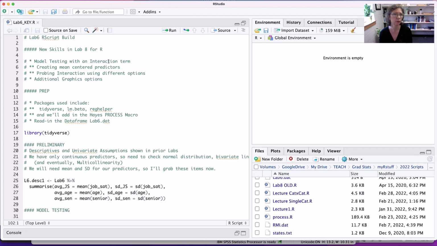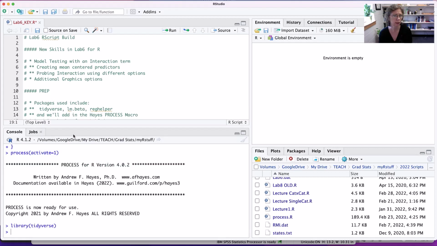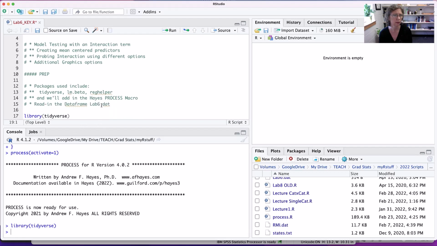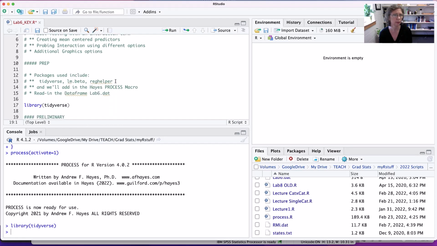What you need for Lab 6 is the data set called lab6.dat. So far the packages we're using are going to be tidyverse, lmbeta, and reghelper. We're also going to add in the Hayes PROCESS macro a little bit later, but that's not exactly a package you load.